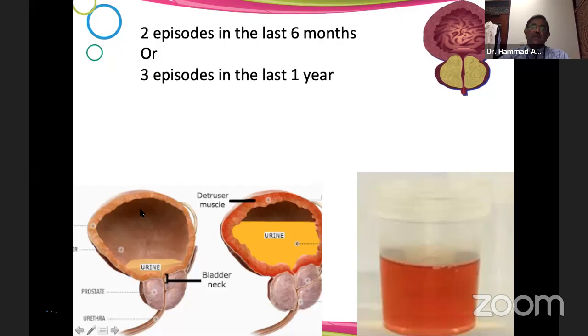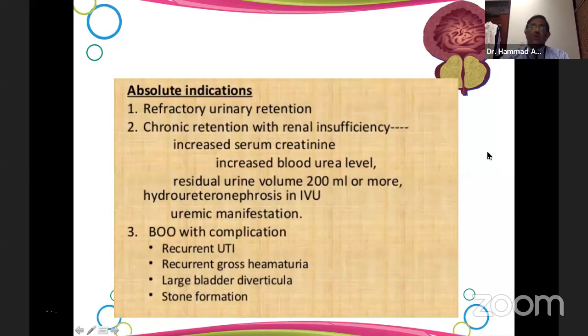Patients who've got recurrent urinary tract infections, large residual urine, acute urinary obstruction and retention, hematuria, are again the ones who would require treatment surgically rather than medically. So to conclude, the absolute indications for surgery in patients with BPH include refractory urinary retention. Refractory retention is defined as when you give them alpha blockers or 5-alpha reductase inhibitors, and they have a trial without catheter which fails.